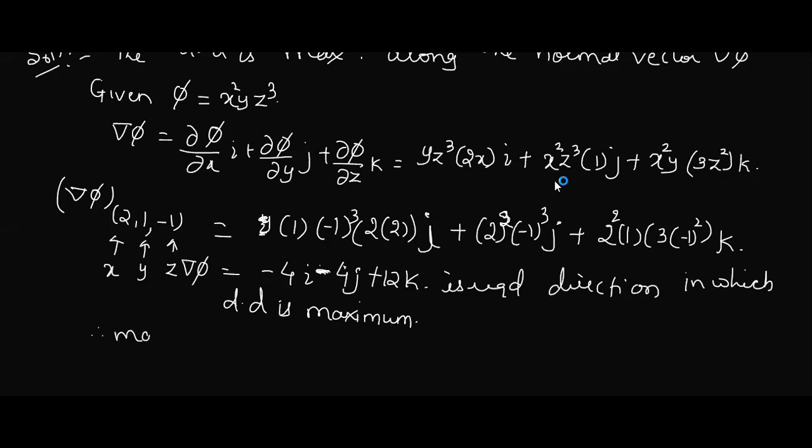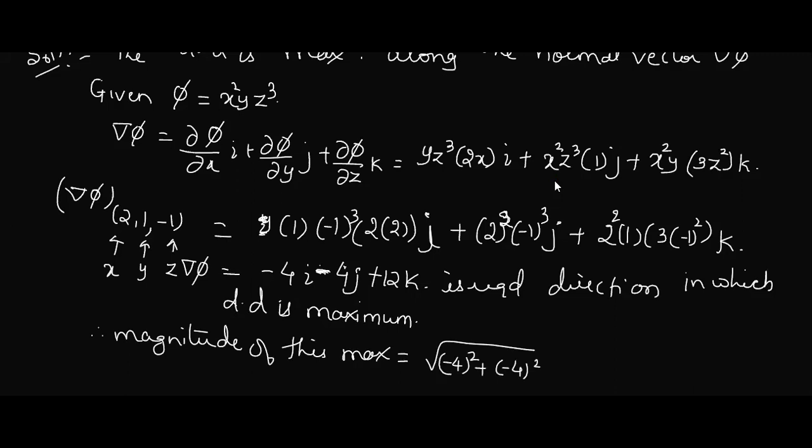Therefore, the magnitude of this maximum is nothing but the root of, what is the magnitude of a vector? Coefficient of i the whole square, coefficient of j the whole square, coefficient of k the whole square. What is the answer? Root of 176.